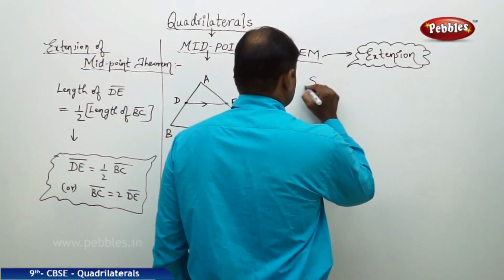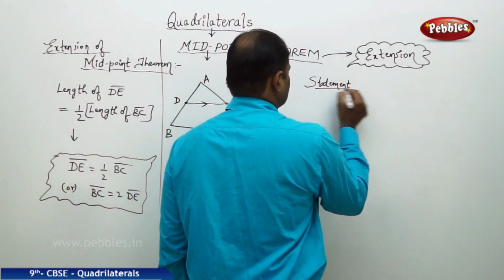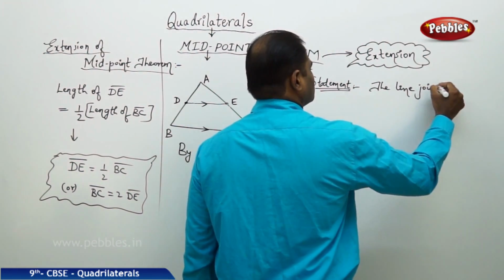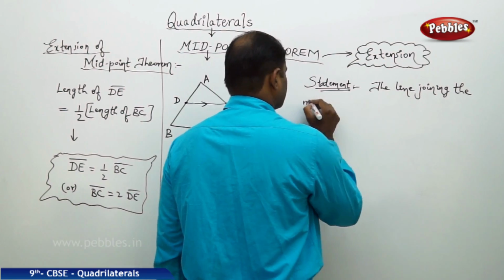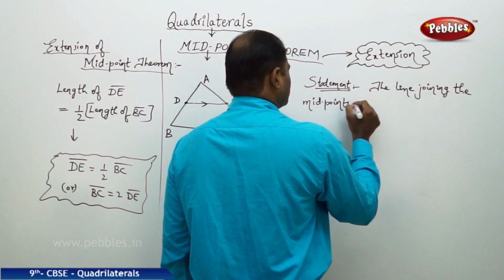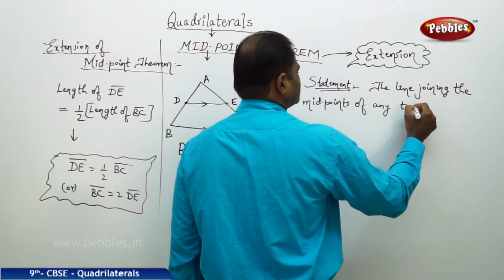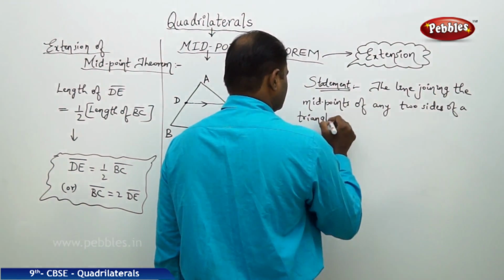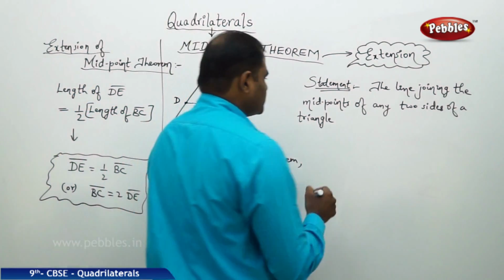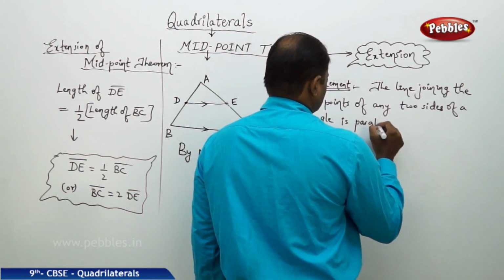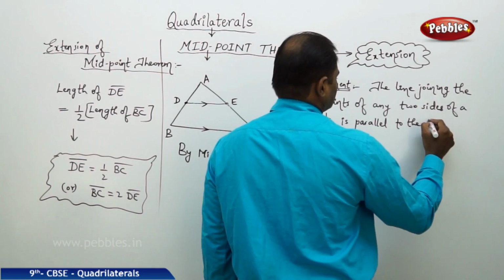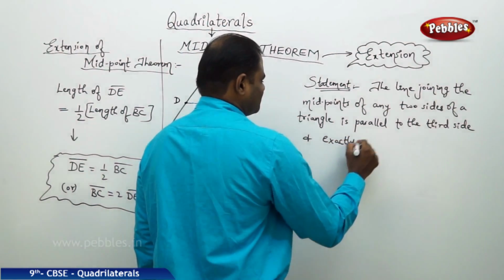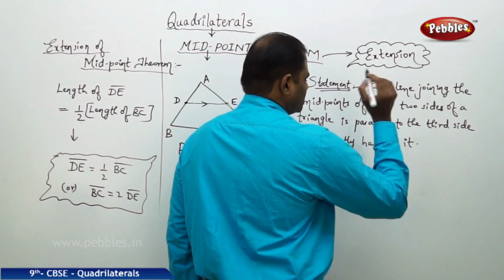So my statement goes like this: the line joining the midpoints of any two sides of a triangle is parallel to the third side and exactly half of it.